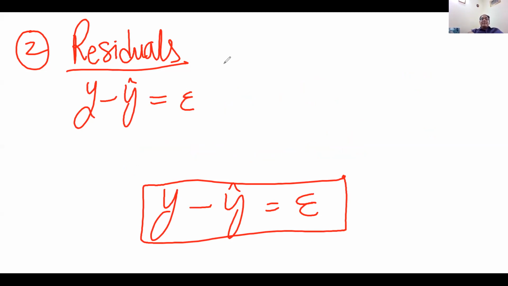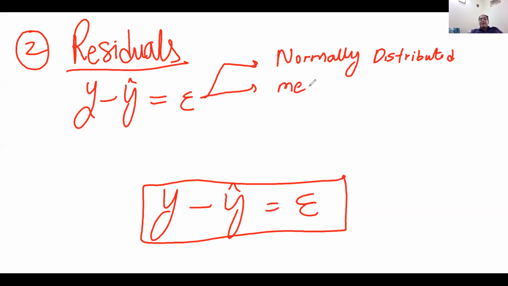This error term must have some properties. Number one, it should be normally distributed. Number two, the mean of the error term should be equal to 0. The standard deviation of the error term should be constant.